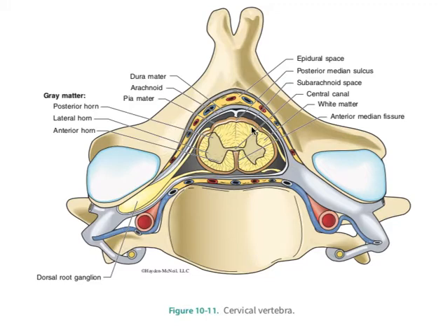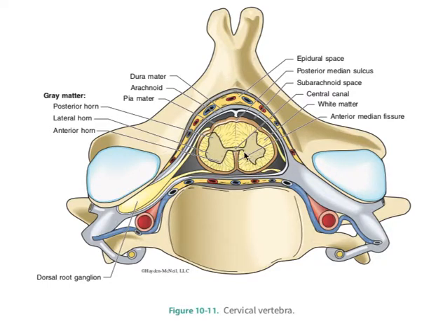Now, you can see when we take a look at the spinal cord itself, this is a cross-section of the spinal cord, and there are a number of different structures that we want you to know. But in order to orient you to these structures, I want to point out that there is a dorsal or posterior side to this.